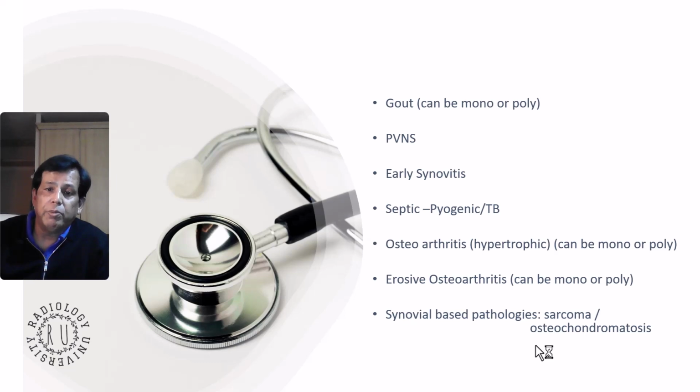Primary OA is hypertrophic, and they can be mono or poly, both of them, as we'll see where exactly the mono distribution is. And the other pathologies to remember for mono are any synovial based pathology like synovial sarcomas or synovial osteochondromatosis, synovial chondromatosis. These are all monoarticular.